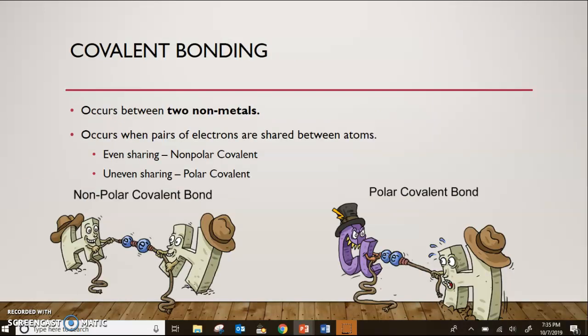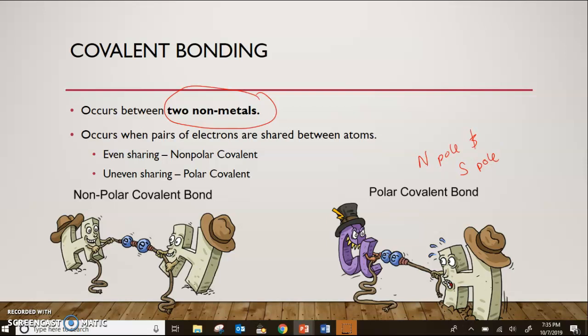Covalent bonding is our next type of bonding. It's between two nonmetals, so a nonmetal and a nonmetal. This can be broken further down into nonpolar covalent and polar covalent. I'm going to start here with polar covalent. When you think of polar covalent, I want you to think of the North Pole and South Pole. It's polar like a magnet is polar, right?